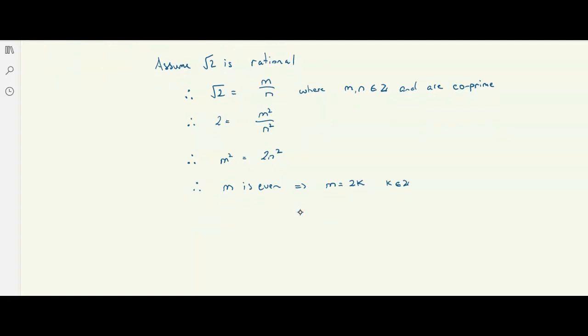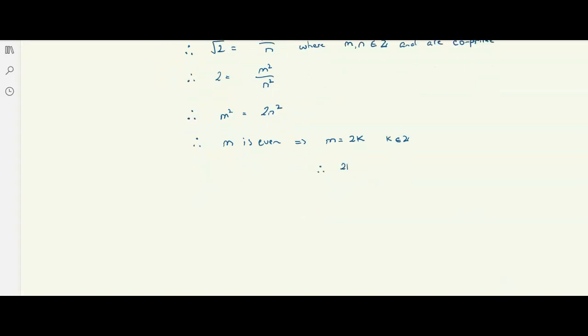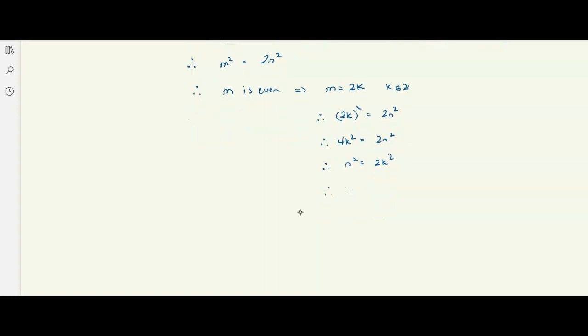Well, if m's equal to 2k, we could therefore say that m squared now becomes 2k squared, so some even number squared is equal to 2n squared. So that would give us 4k squared. And that would give us that n squared is equal to 2k squared. And now n's even also. So therefore n's even.